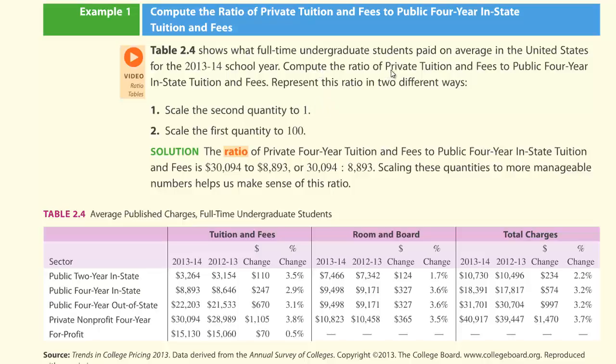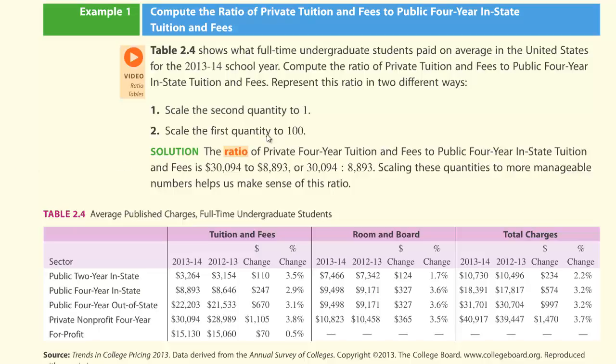We can compute the ratio of private tuition and fees to public 4-year in-state tuition and fees. So we're going to look at private tuition and fees, right? Or in this case, just tuition and fees. So this is private tuition and fees for the year 2013-14, so we're now in this first column. We're looking at 30,000, and we're going to compare that to public 4-year in-state, which is almost 8,900.